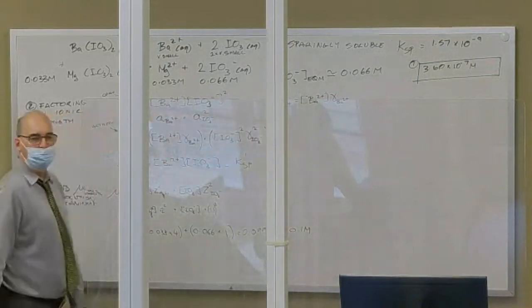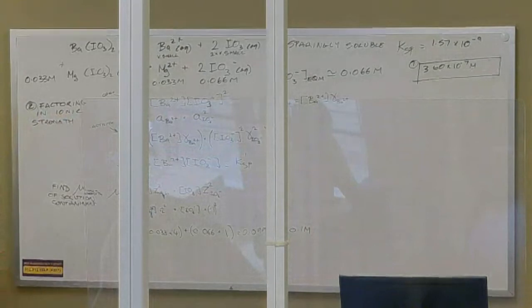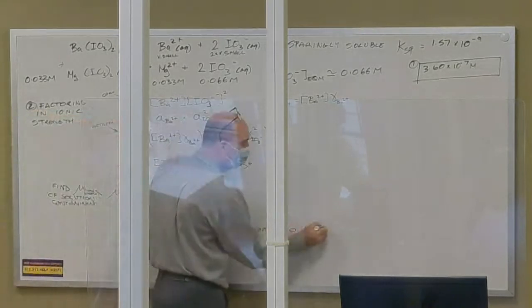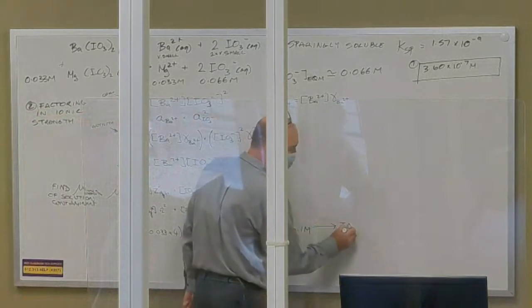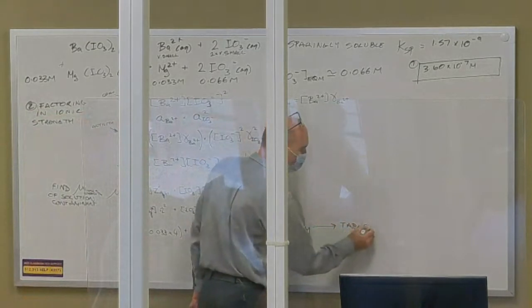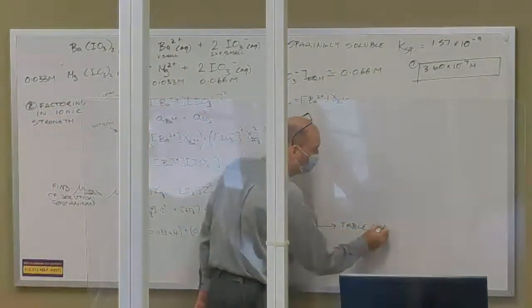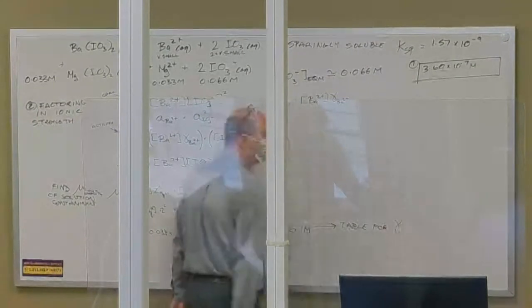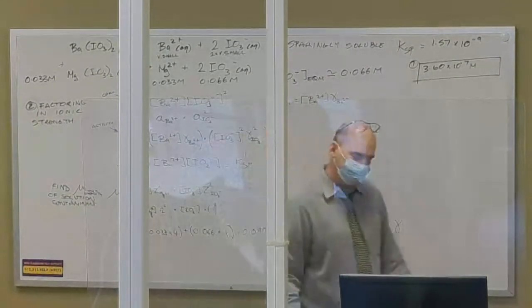What do we do with that 0.1 molar? What was the whole point? What's the whole point of finding the ionic strength? Yeah. This then goes to the table where you find the value of gamma.